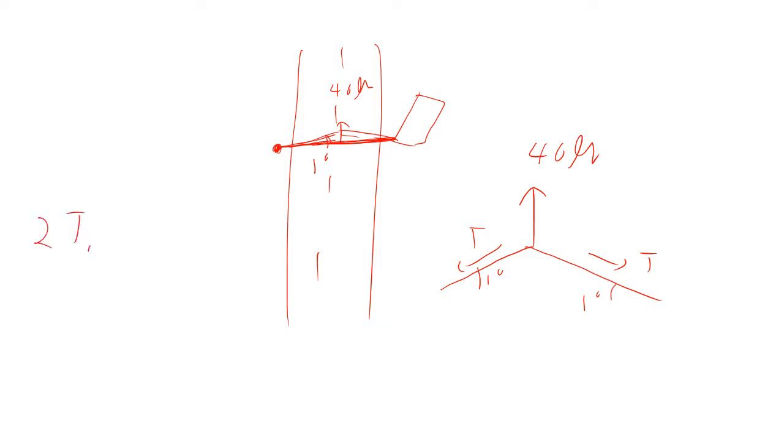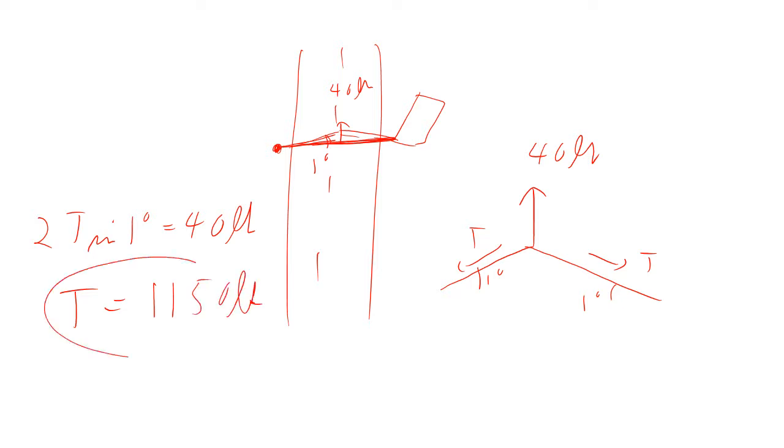So 2T sine of 1 degree equals 40 pounds. So the tension comes out to be basically about 1,150 pounds. Well, that's going to be the force pulling on the car.